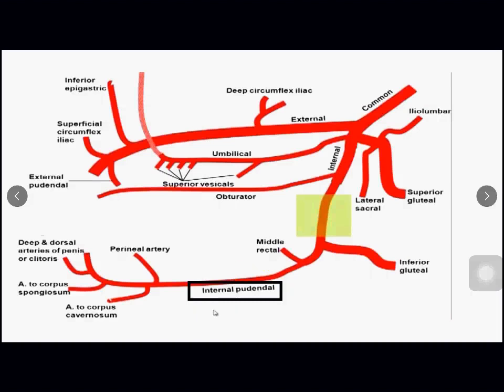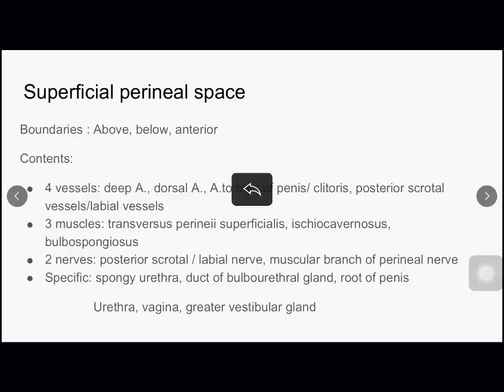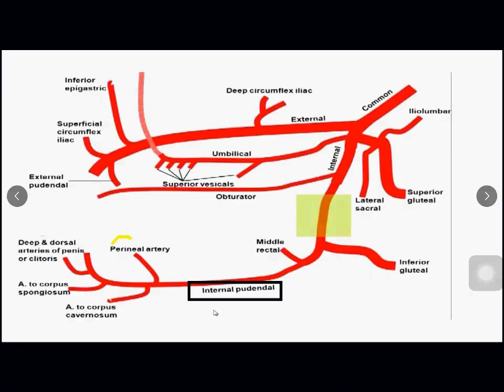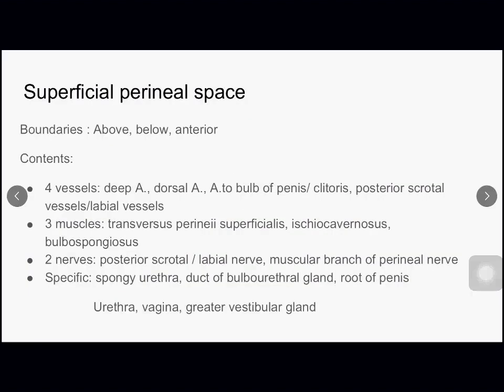This internal pudendal artery is the chief artery of the perineum. From this, the arteries I told you, deep artery of penis, dorsal artery of penis, artery to the bulb of penis, and posterior scrotal or posterior labial vessels, are actually branches of the perineal artery. So these are the vessels present in the superficial perineal space.